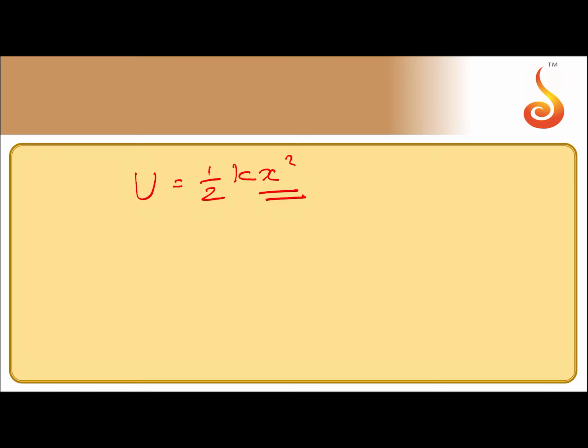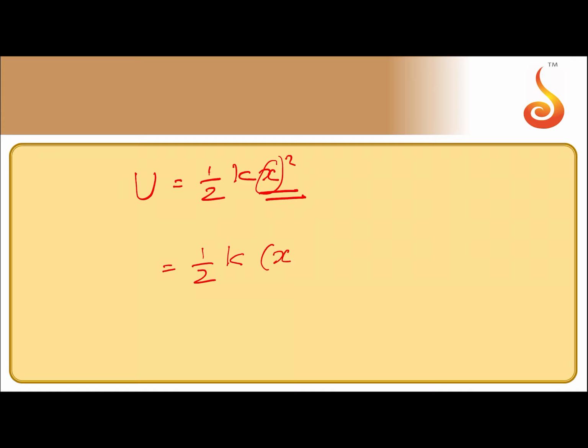Remember, here this can also be of this form. x, remember, is measured from the mean position, that means the position at which the value of force is 0. And x perhaps can be measured from the origin also. So x is perhaps displacement or distance measured from the origin also.